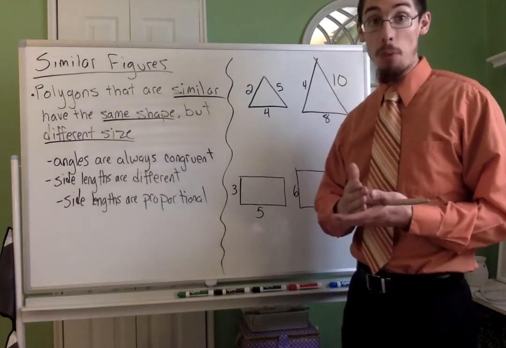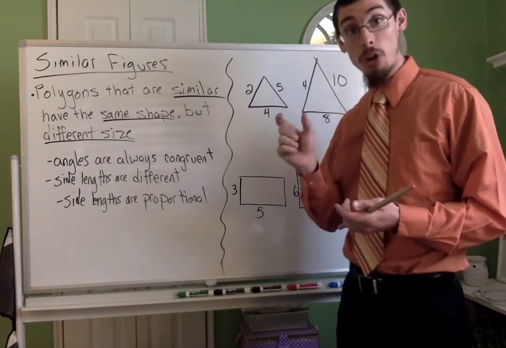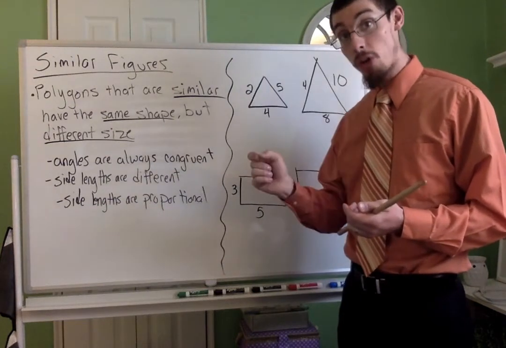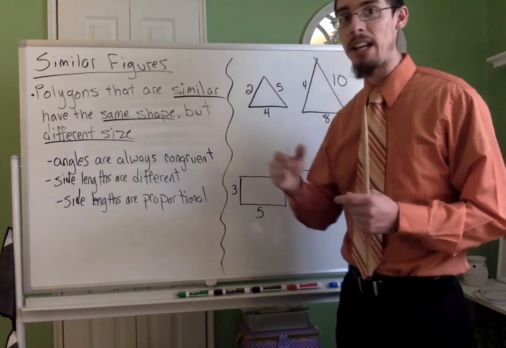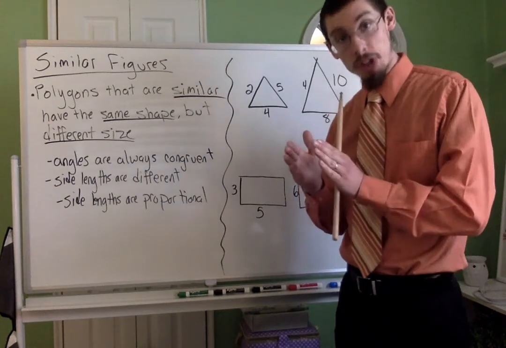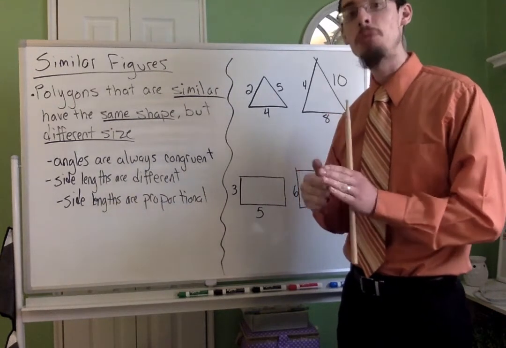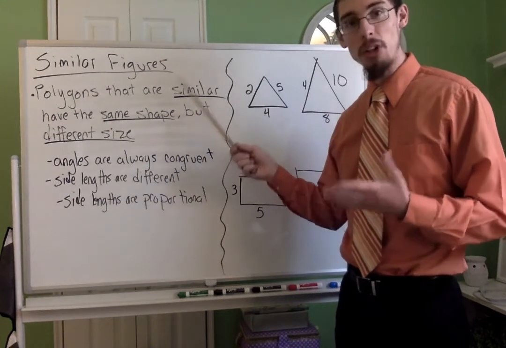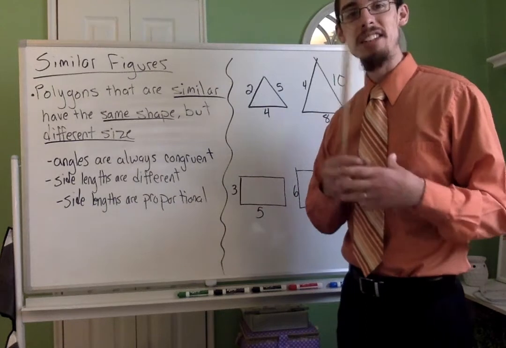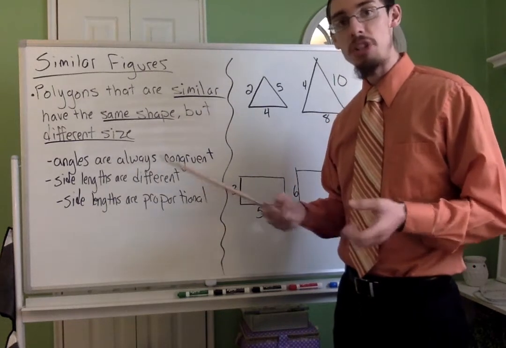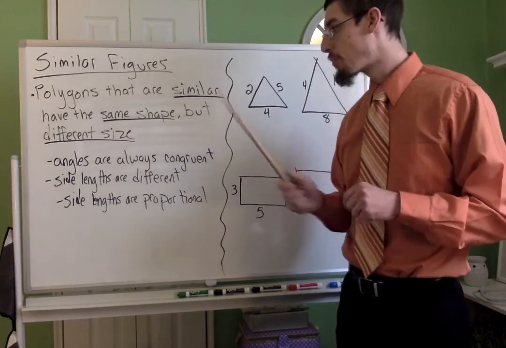But if a little Hot Wheels car is based on a real car, then it's going to have the exact same design, just a smaller version of that. That's what we mean by similar figures. So they're the exact same shape, exact same design, but just shrunk down.